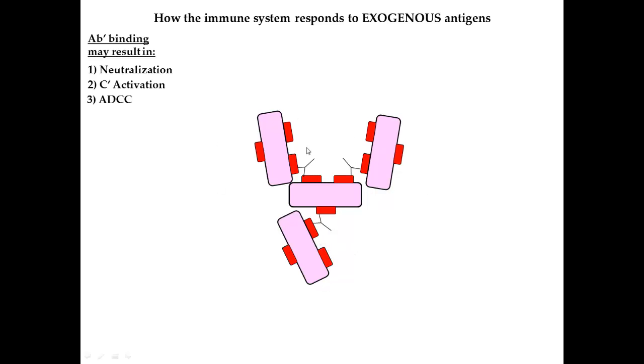And this is really advantageous because if these bacterial cells are all clumped together, it makes it a lot easier for a macrophage to come along and just gobble up that entire clump. This process is called agglutination. So agglutination just describes the clumping of bacteria by antibodies.